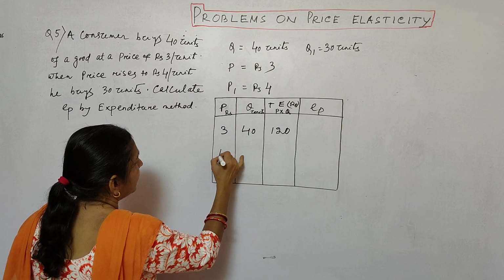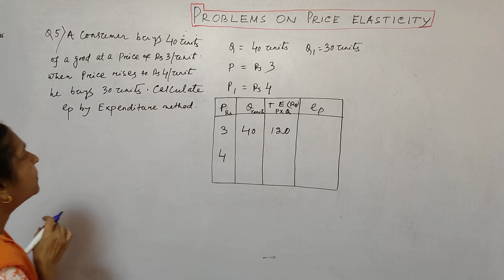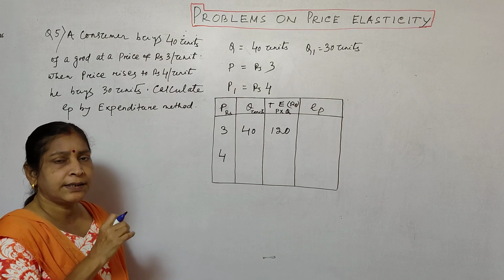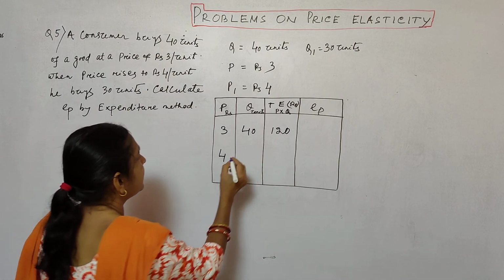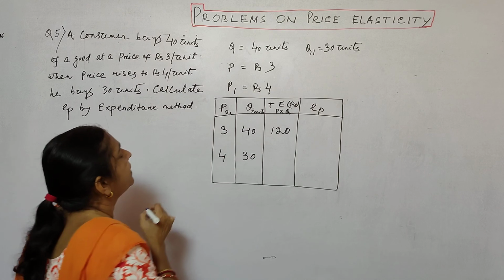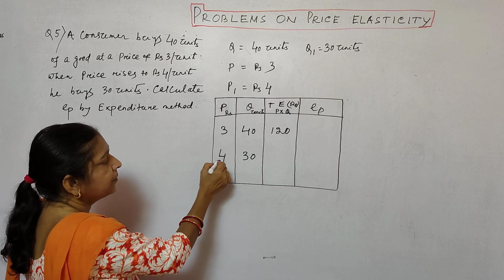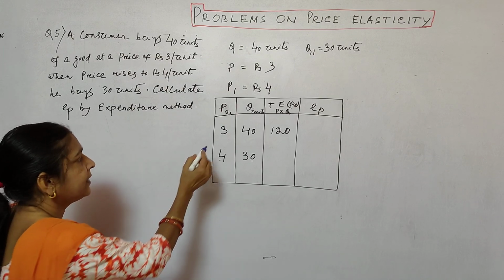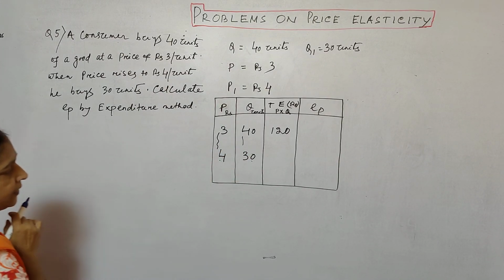The final price is 4. With a rise in price, the quantity purchased must go down. So the final quantity is 30 units. Price 4, the price increases, quantity decreases to 30 units.